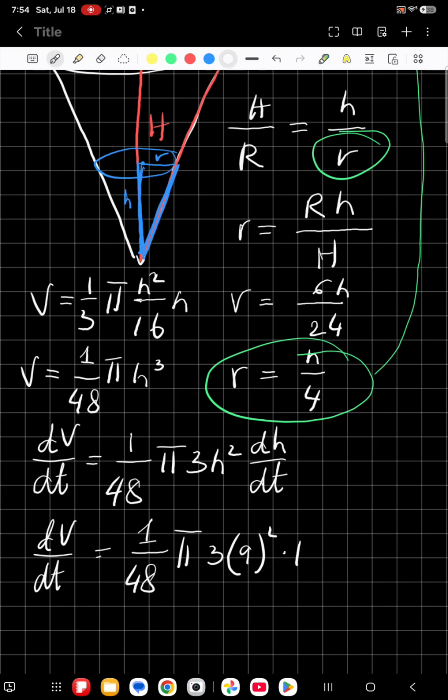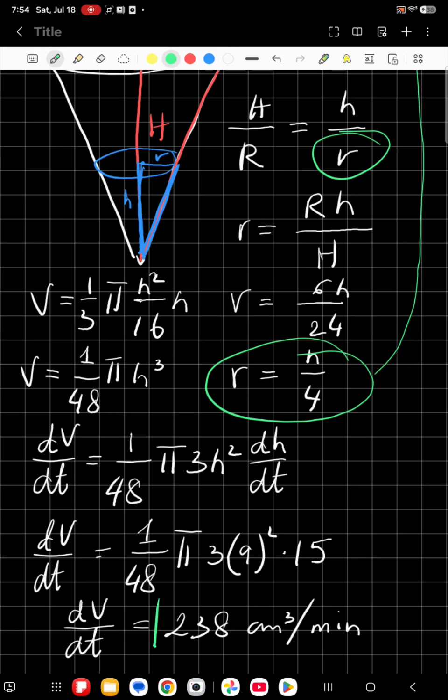I have 15. Okay, so we do all this arithmetic and we end up with dV dt equals 238 centimeters cubed per minute. Okay, so that's the answer.